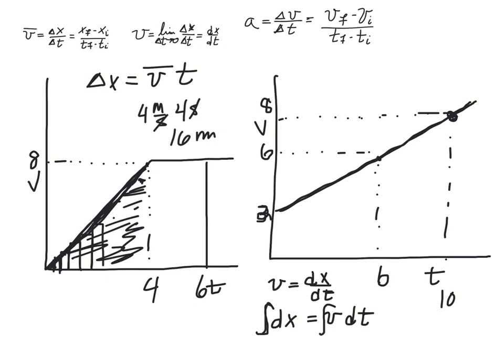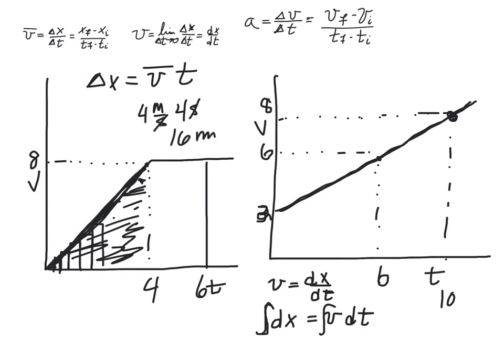So when you get to Calc 2, you're going to learn this. For our purposes, you can use the idea that it's the average velocity times the time gives you the area under the curve, or you can use the idea of the area under the curve.